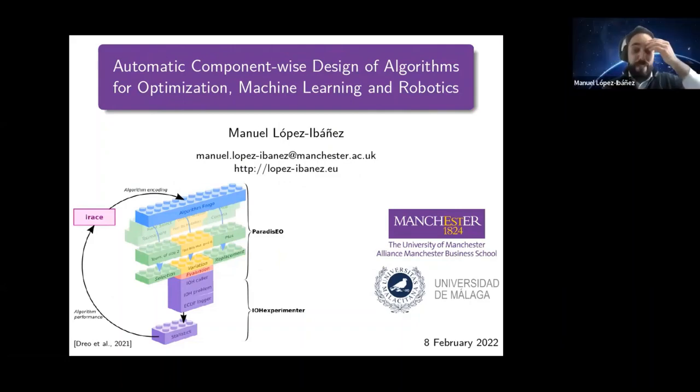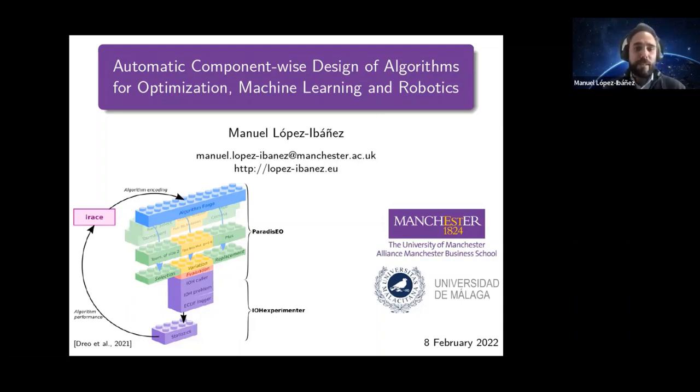So, like Magnus said, my name is Manuel Lopez Ibanez. I'm a senior lecturer at the University of Manchester and also a senior distinguished researcher at the University of Malaga in Spain. And I'm going to talk about how we can automatically design algorithms, as a general approach.